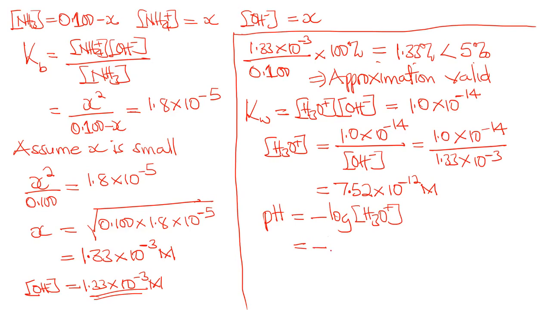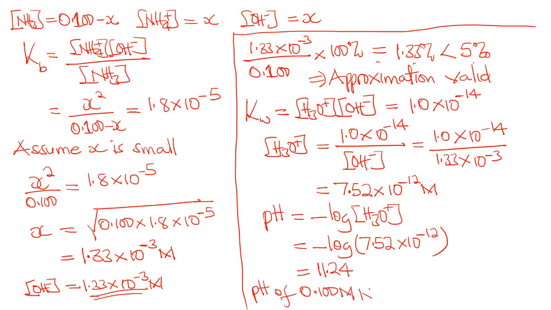So in this case it is negative log of 7.52 times 10 to the power negative 12, which gives us 11.24. We can say that the pH of 0.100 molar NH3 is 11.24.